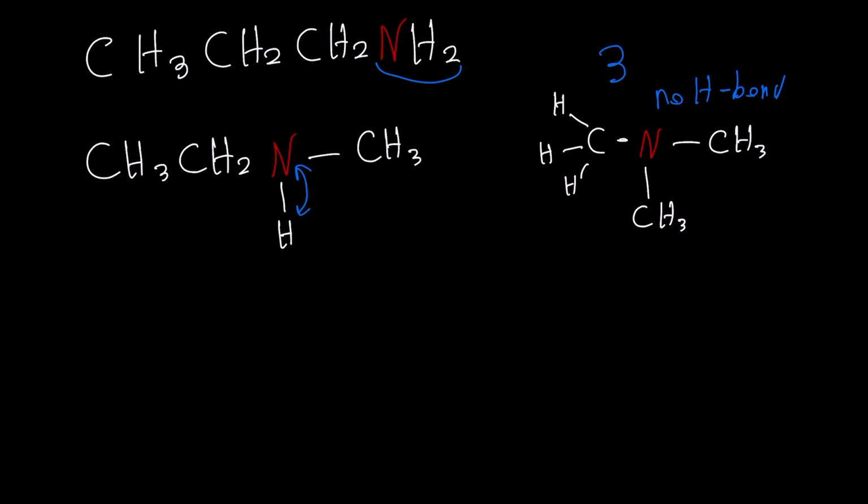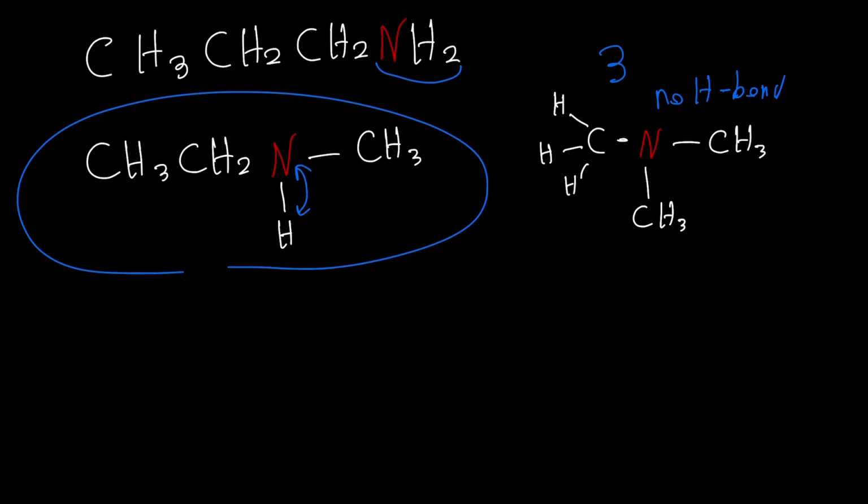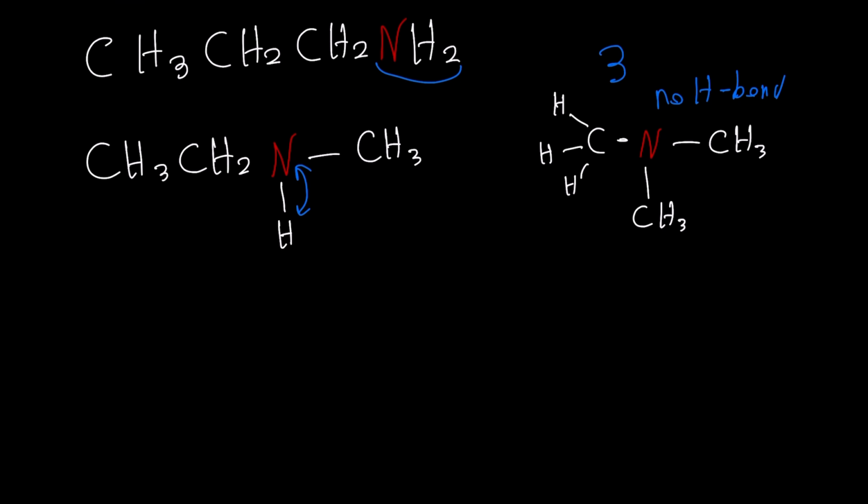But now let's compare these 2. Which one of these is going to have the higher boiling point? We can see that they both have similar molecular weight. They have an amine group. Looks like they all have 3 carbons. The differentiating factor is going to be how many hydrogen bonds they have. In this molecule, the nitrogen is bonded to 2 hydrogens.